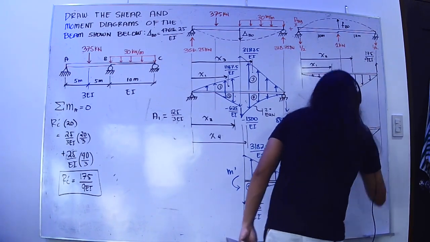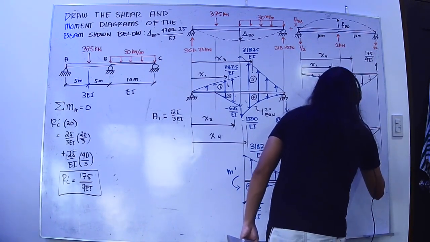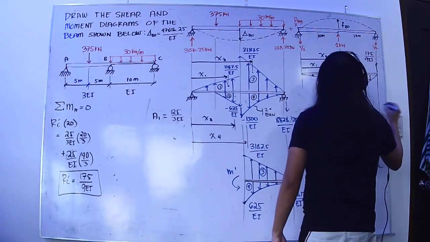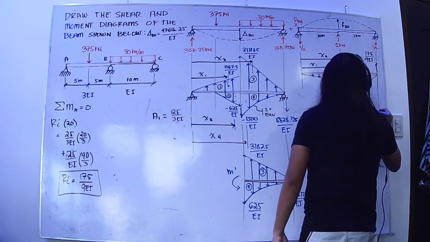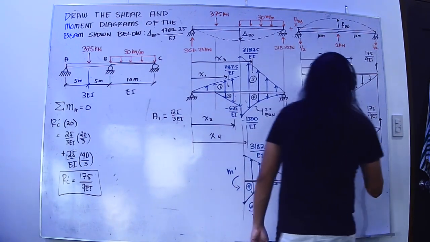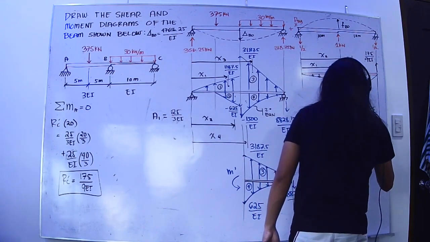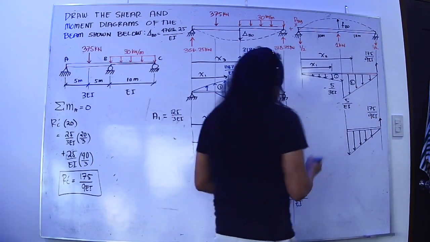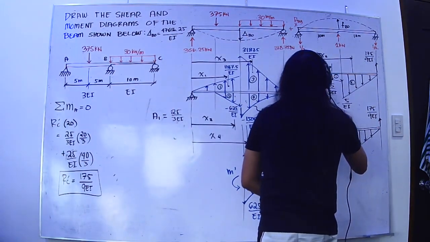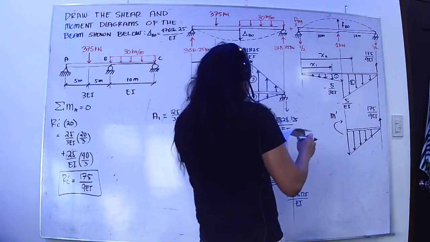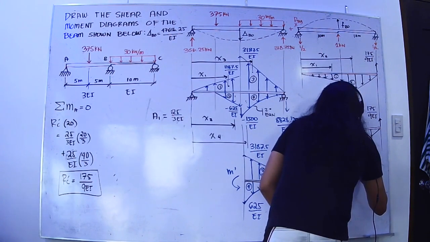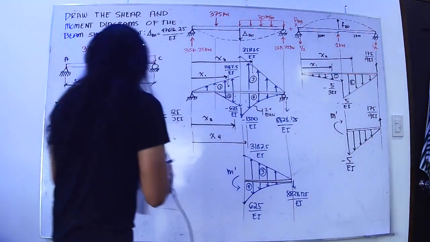Then, the moment prime. This is negative 5 over EI. Okay? We have something like this.